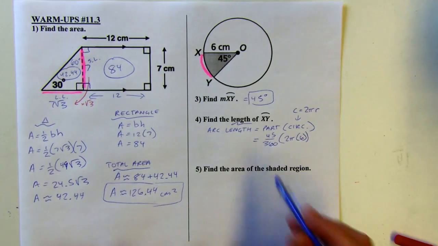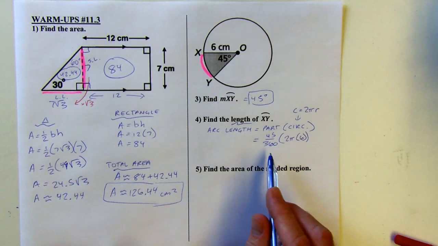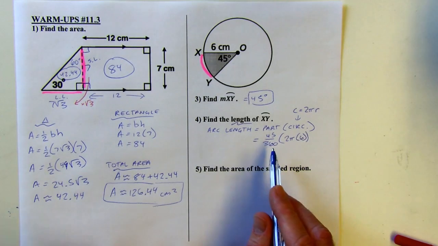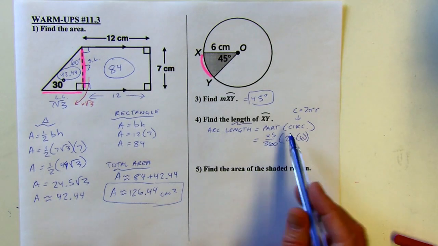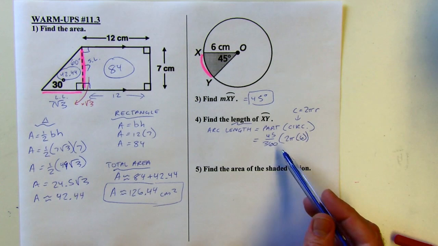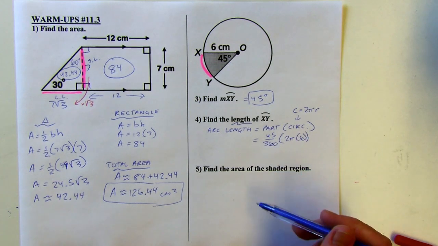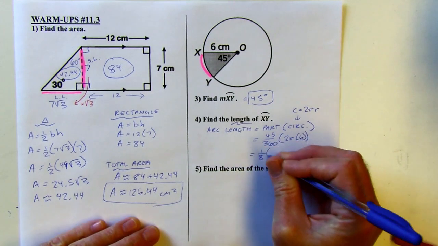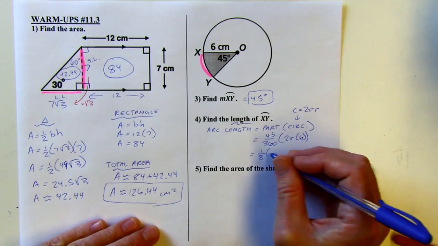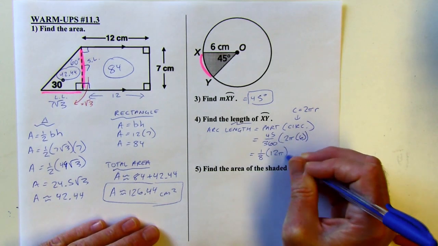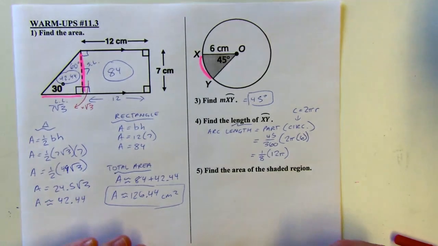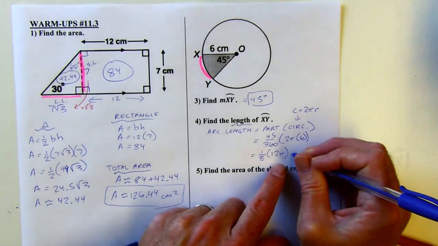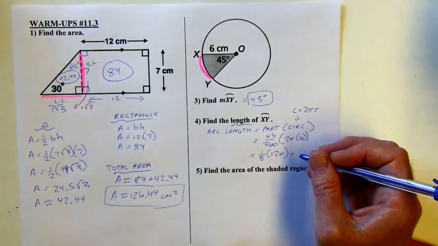And then I'll work on simplifying this. So 45 over 360, I can see 5 is going to go into both of those because it ends with a 5 and a 0. So you'd want to reduce it, and ultimately it's going to reduce to 1/8 if you reduce it all the way. And then this is going to be 12 pi over here. Okay. So when I multiply that together, this is going to be 12 pi over 8.